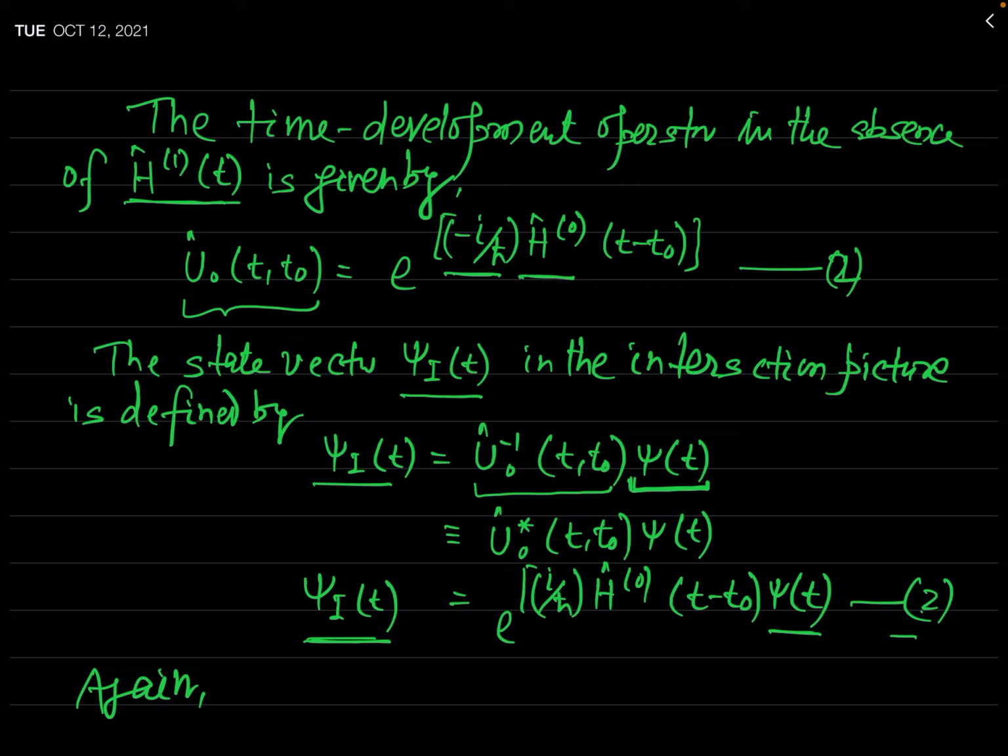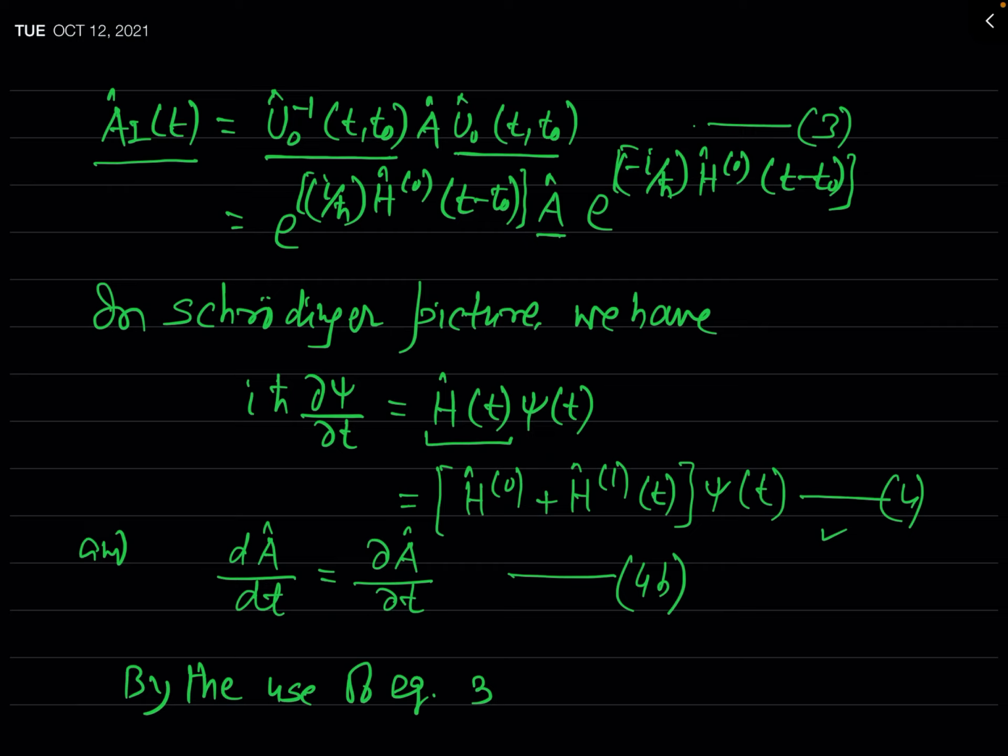This should be equation number 2 and this should be 3, because I have already considered equation 1 earlier. And so you should write here 4, and this will be 5. Let us say this is 4a and this is 4b.